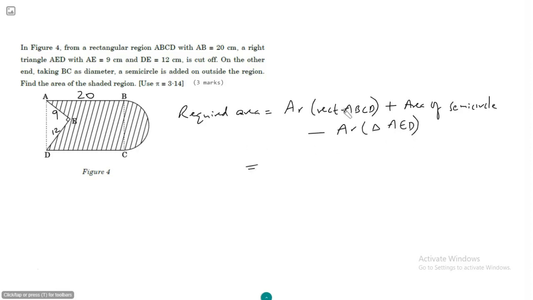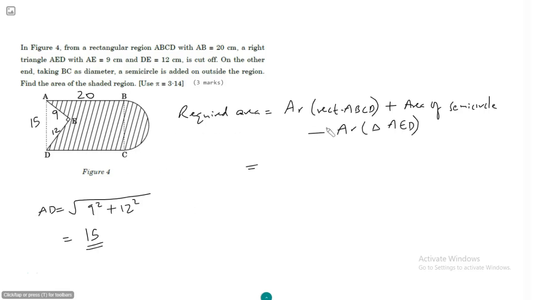So to find the area of the rectangle, you need to find AD first, because AD is not given in the question. How will you find AD? From right triangle AED, AD is the hypotenuse. So AD is going to be root of 9 squared plus 12 squared. So if you do this calculation, you will get 15, right? So AD is 15.